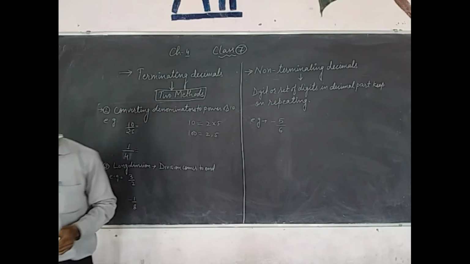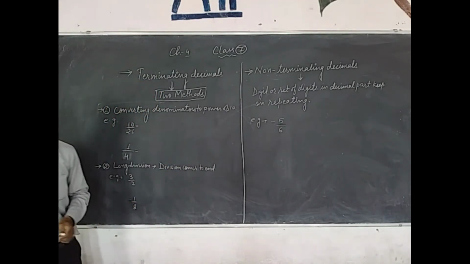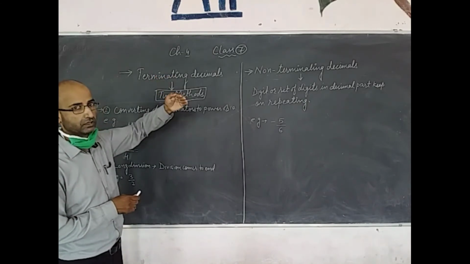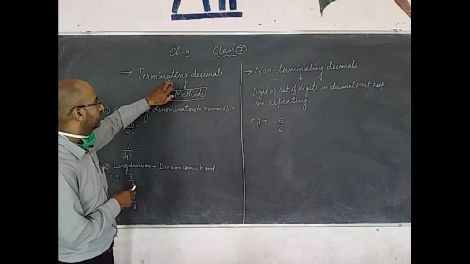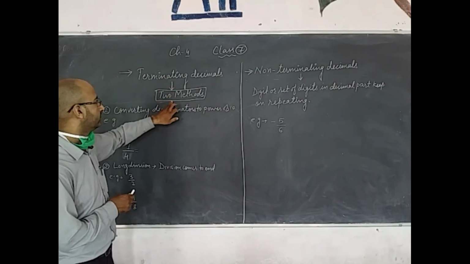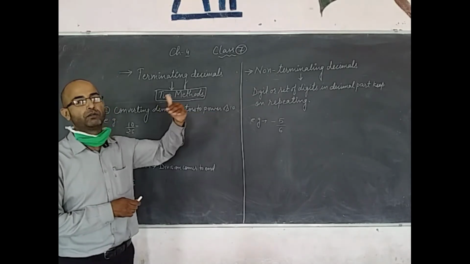So whenever we convert a rational number into decimal form and check whether it is terminating, the first method is that we can make the denominator a power of 10.